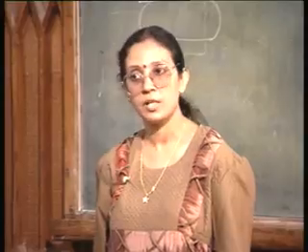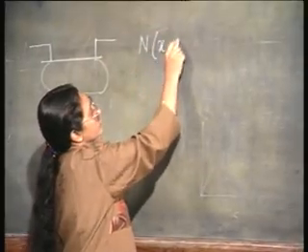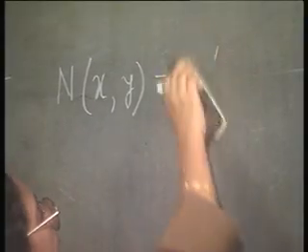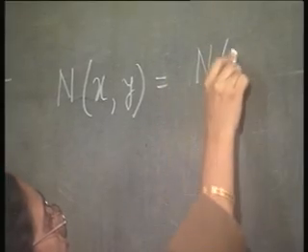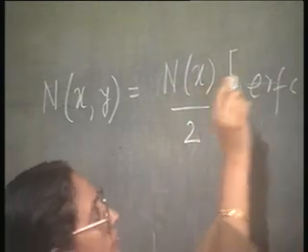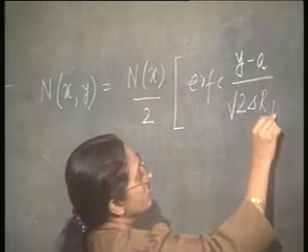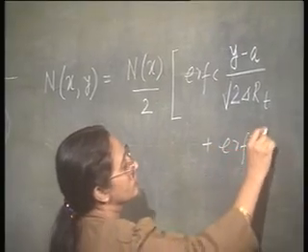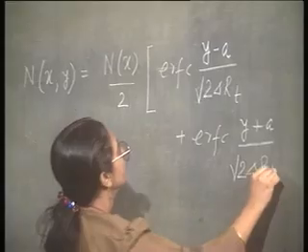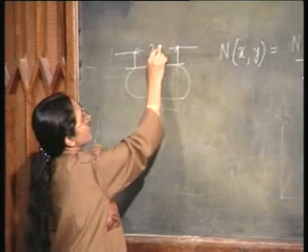Now, we want to bring the lateral dimension also into picture, and it is simply given by this, where I assume that this window has a dimension of 2a.